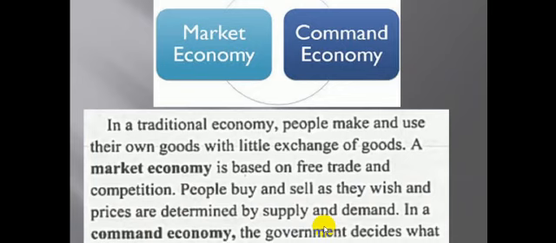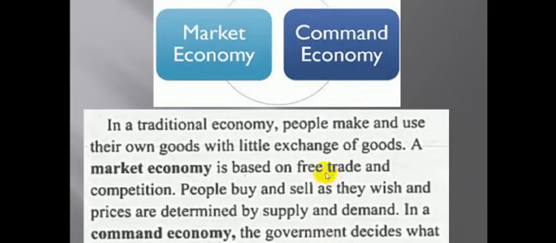I mean, the people who are buying and selling. Based on what? Based on free trade. In this market economy, you can sell what you want. You can decide for yourself. I will have a supermarket, I will have a cloth store, I will have a shoe store, and so on.